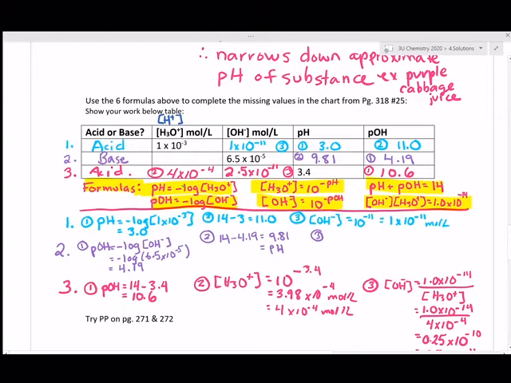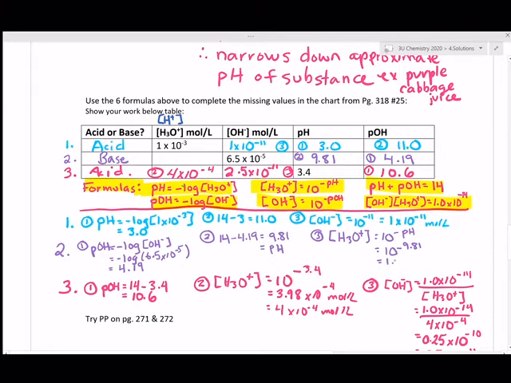Hydrogen or hydronium is 10 to the negative pH, which is going to be 10 to the negative 9.81, which you have to figure out how your calculator is going to work.